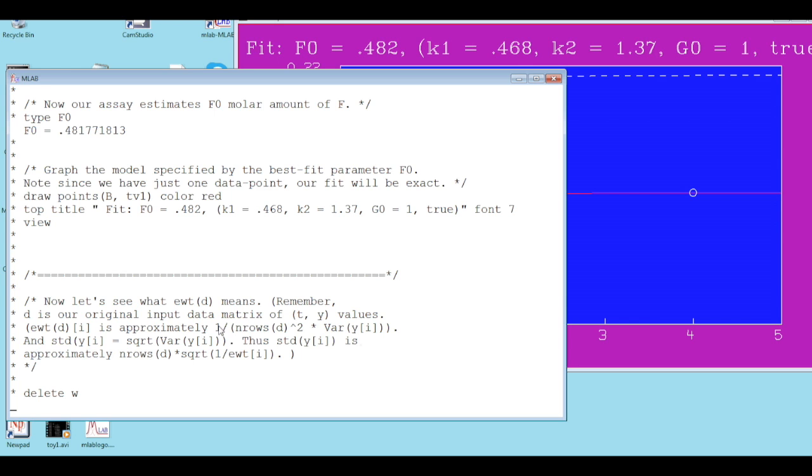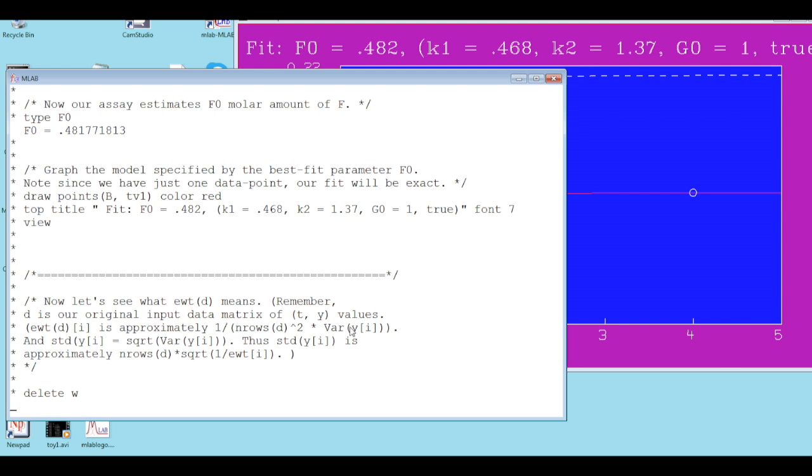And it doesn't matter what you multiply by, because as long as all the weights are proportional, the curve fit will be the same. In this case, we multiply by 1 over the square of the number of data points. This is because it's the nicest way of making a weighted fit correspond to an unweighted fit in which the weights are all 1.